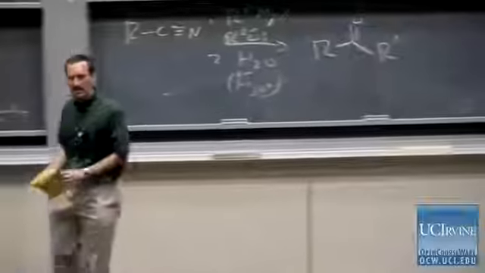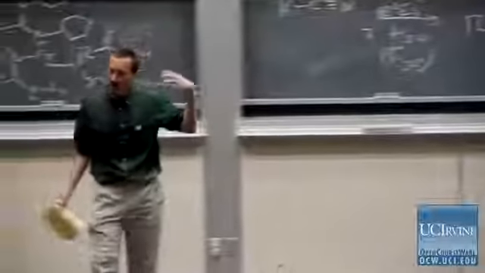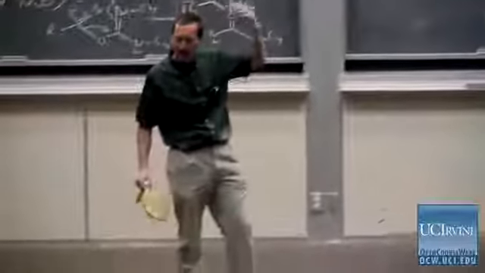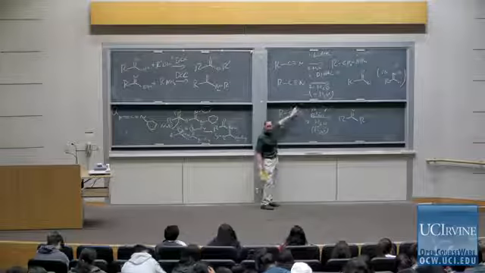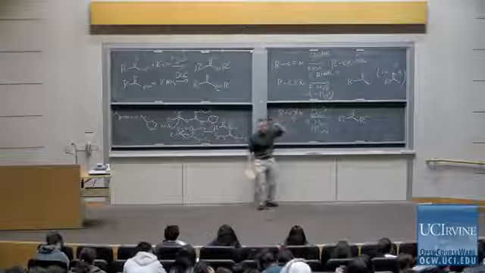And again, this is the same general idea that we've seen before, the idea that these nucleophiles can add. In the case of the nitrile group, you often can stop at one addition, which is something you generally can't do with esters.